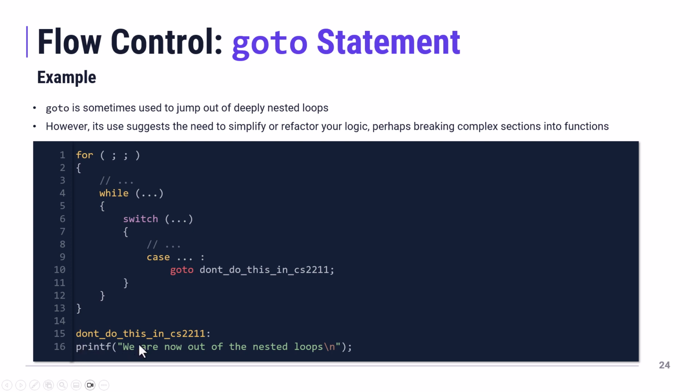So that's sort of semi-acceptable, but just don't do that. If you find yourself using deeply nested loops like this, it maybe suggests that you need to simplify your code a bit, maybe refactor it a bit, maybe take complex sections and modularize them into functions. Yeah, if you find yourself needing goto, you probably need to rework your code a little bit.